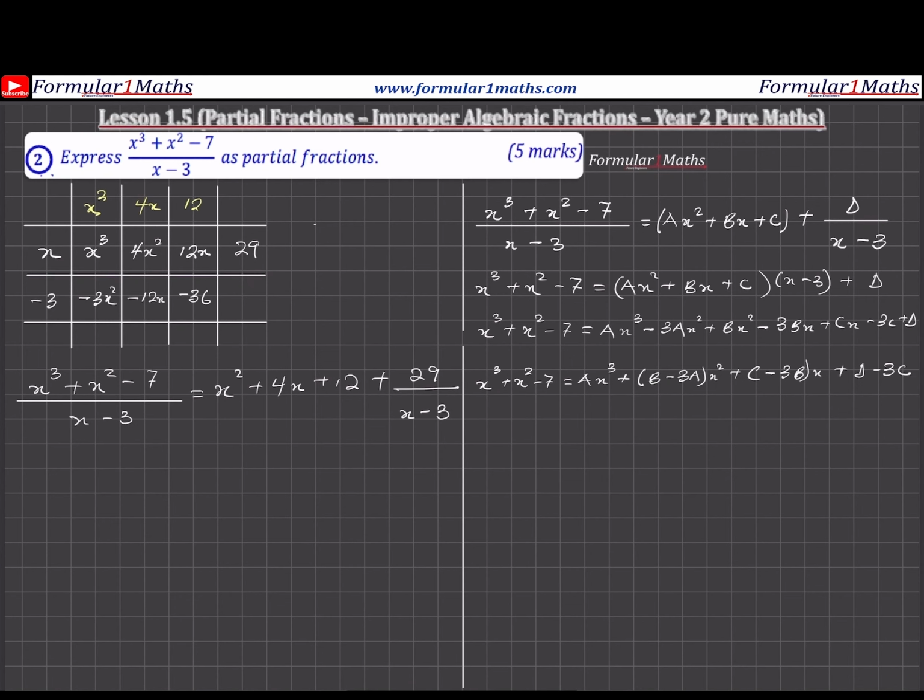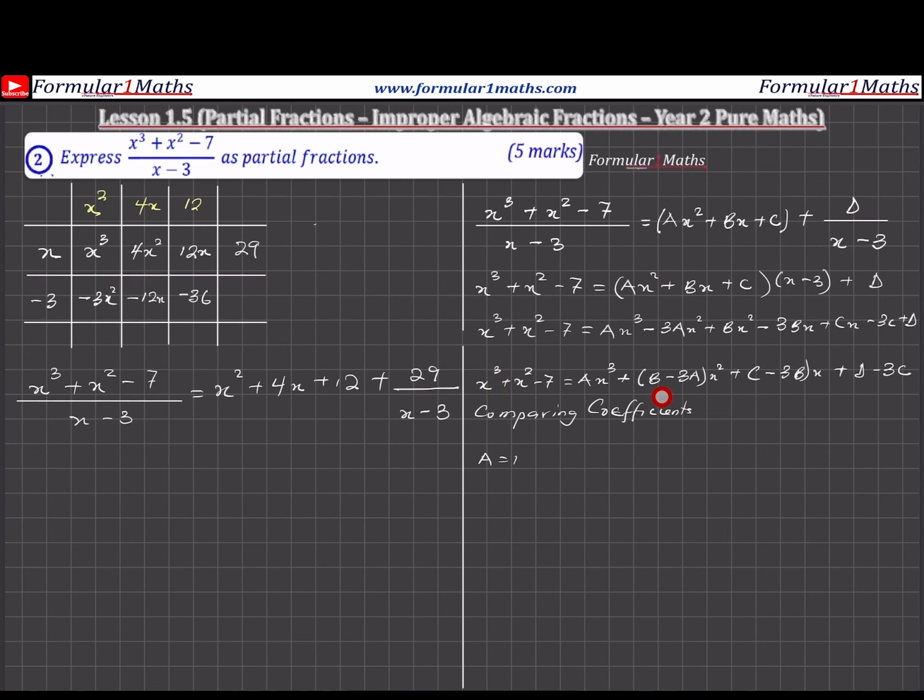Then we're going to compare coefficients. Comparing coefficients, I can see that the coefficient of x cubed on the right-hand side is a, and the coefficient of x cubed on the left-hand side is 1. So we can conclude that a is equal to 1.